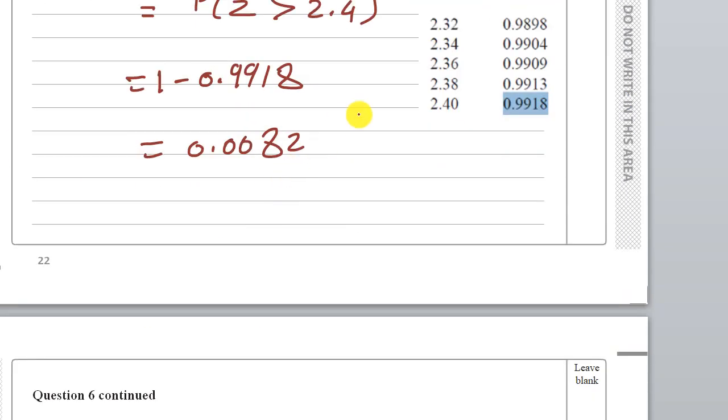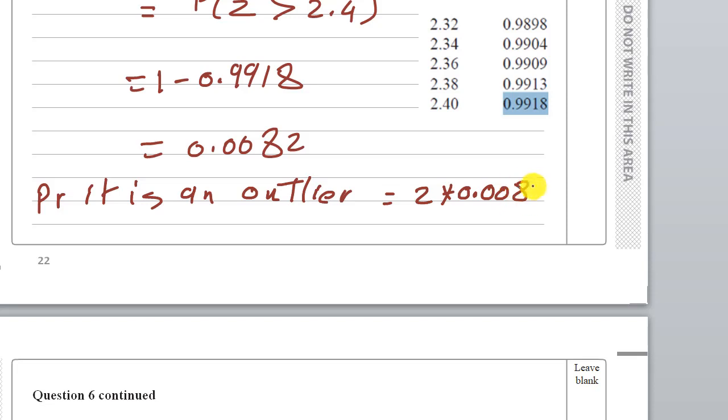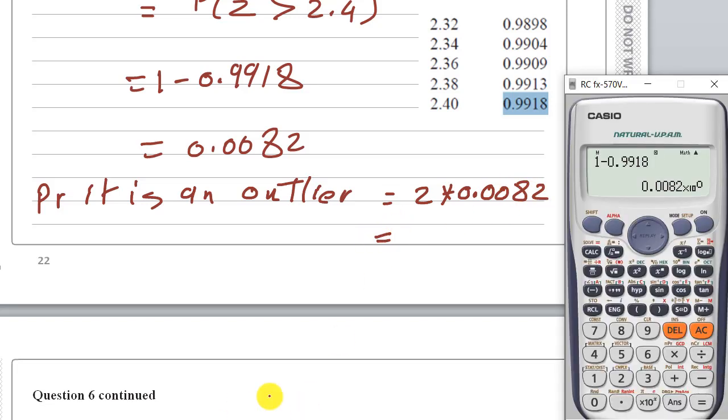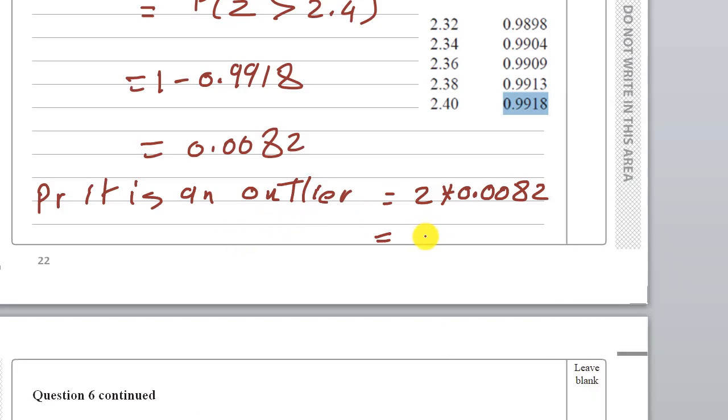So now the probability it's an outlier is equal to 2 multiplied by 0.0082. It's equal to 0.0164. And this is the answer of this question.